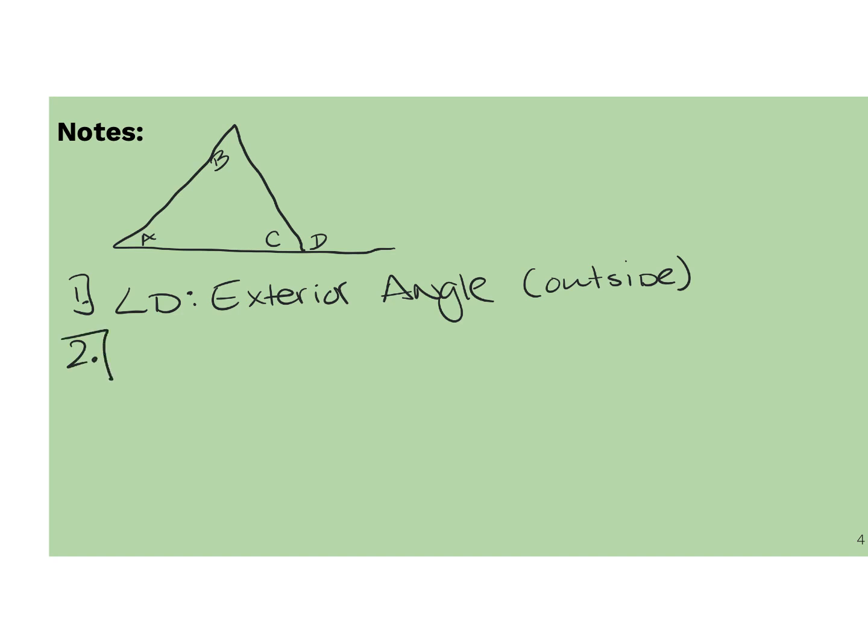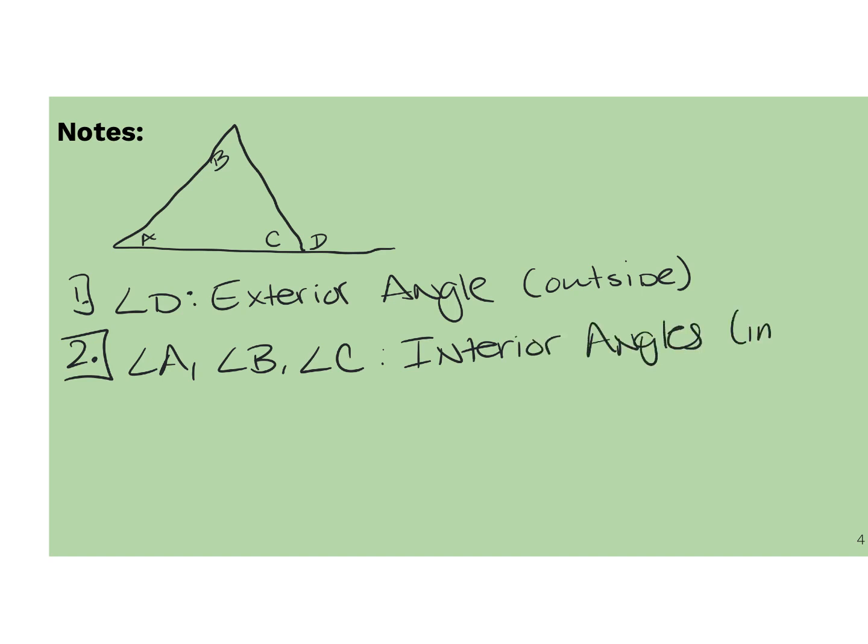Second piece of information, we have angle A, angle B, and angle C. These are all interior angles because interior means inside. Now something new, a word you might not have heard very often, but we have used it before, is adjacent.